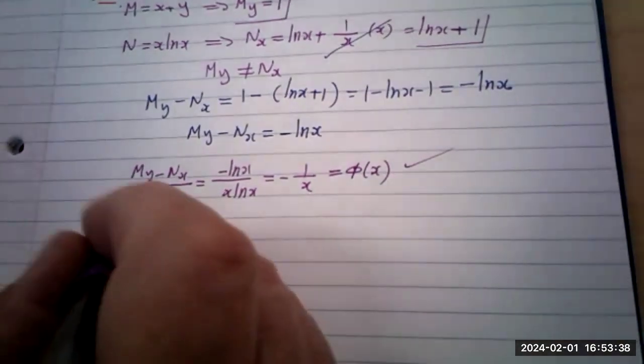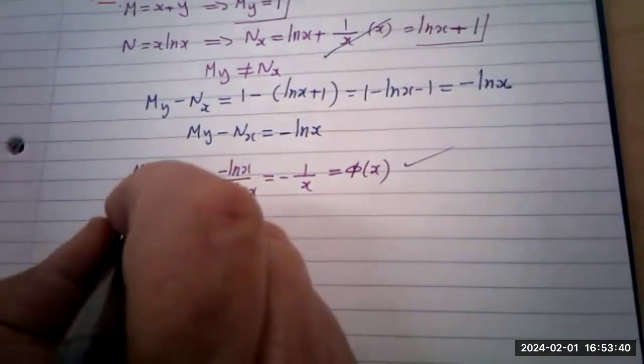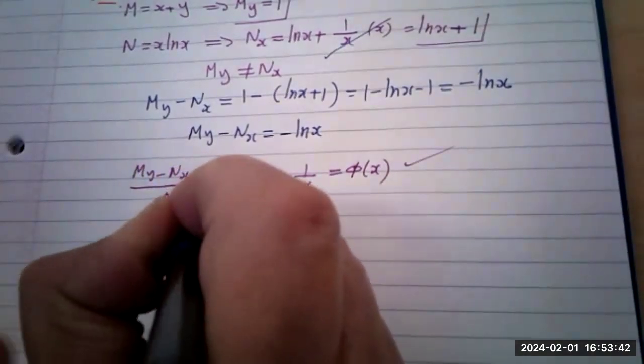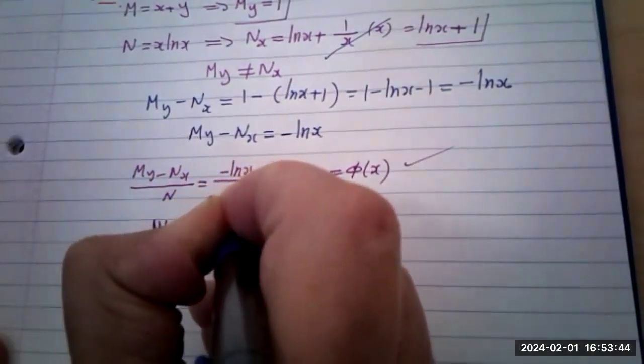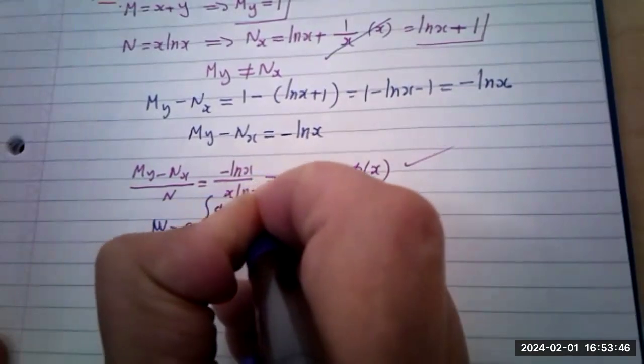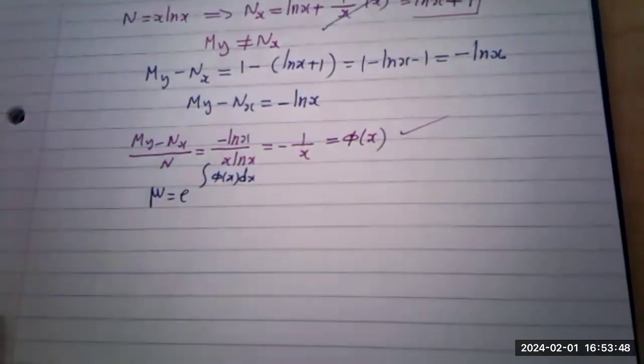The next step: mu equal to e to the integral of phi of x dx to find the integrating factor. So substitute, go ahead.